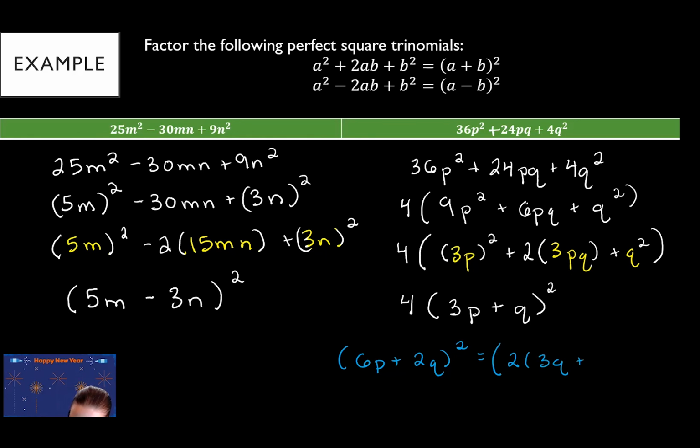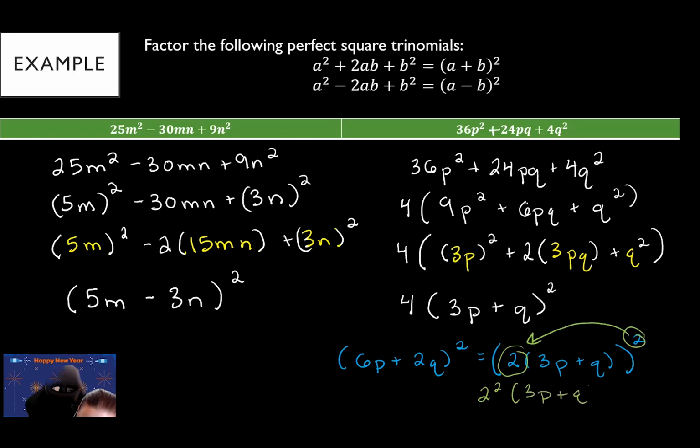3P. And that gives you, I'm mixing up my P's and Q's. Mind your P's and Q's, exactly. So I can factor that inside the parentheses here, where that's 2 times the 3P plus Q. And then to take it out of the parentheses, that 2 gets that exponent of 2. So that becomes 2 squared times 3P plus Q squared.